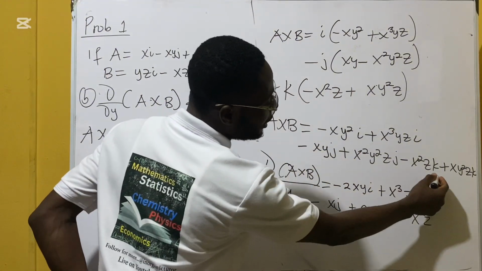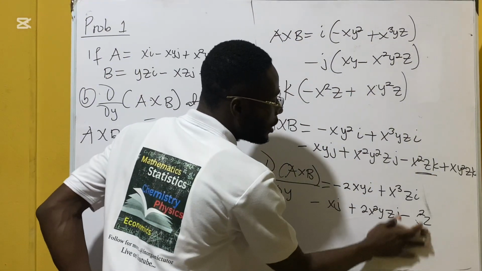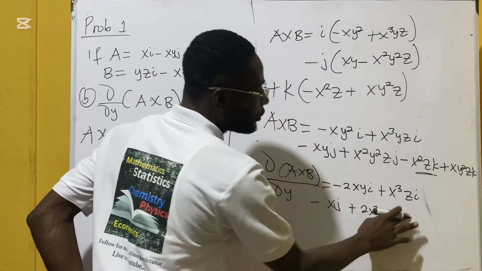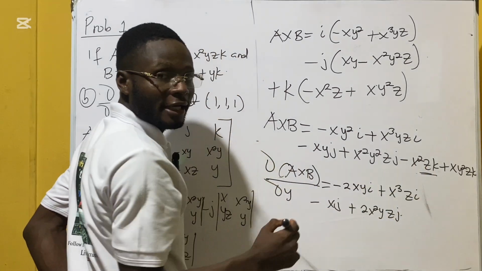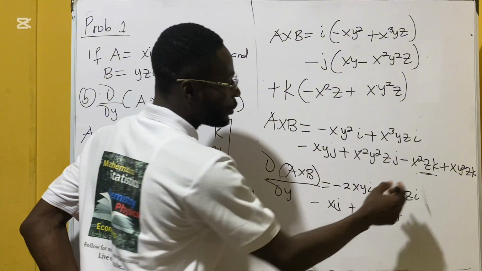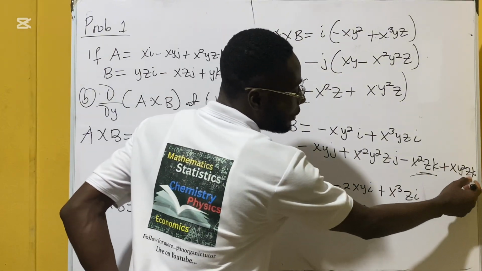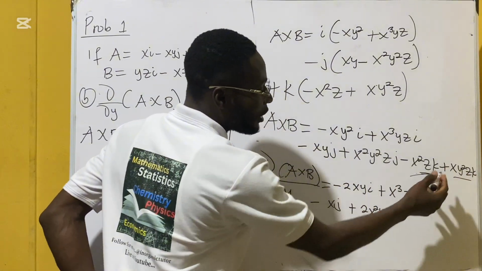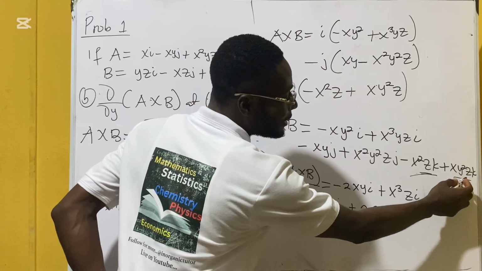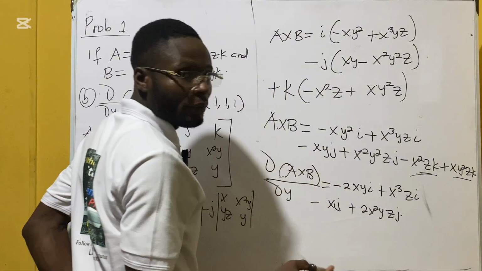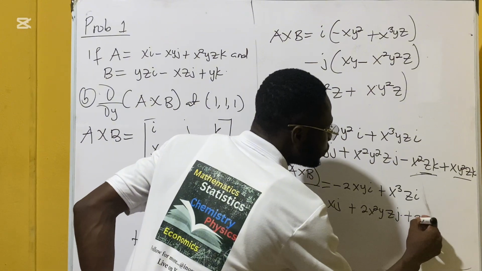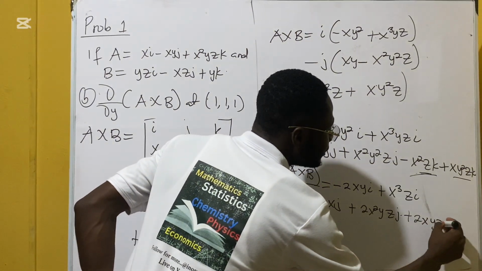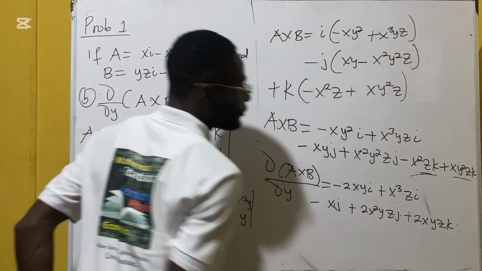Okay, so this part, we don't have any y there, so that part goes to 0, right? There is no y here, so it's treated as a constant. So that part goes to 0. Then we come here, the differential of xy squared z k with respect to y is plus 2xyz k.